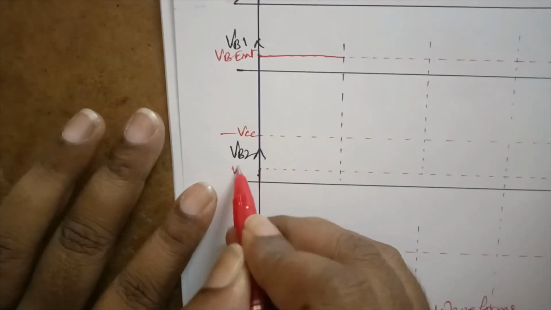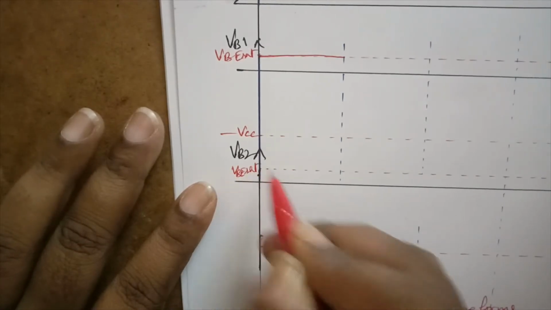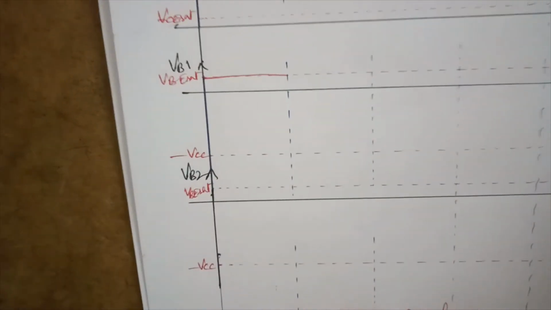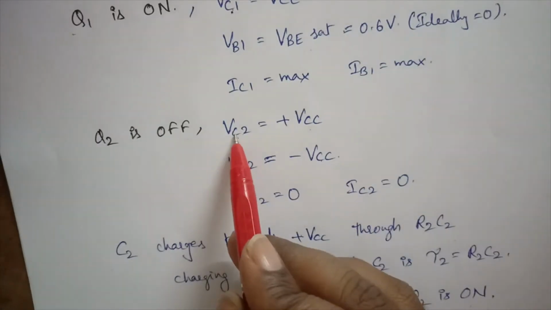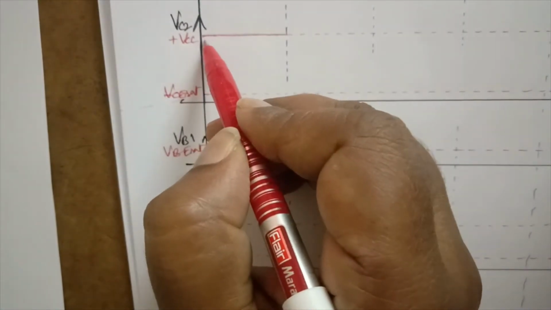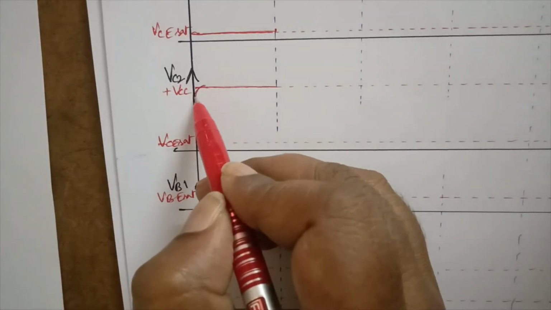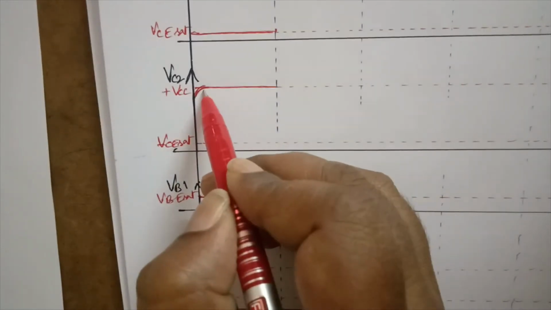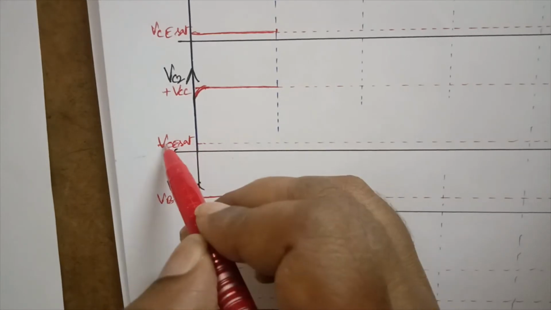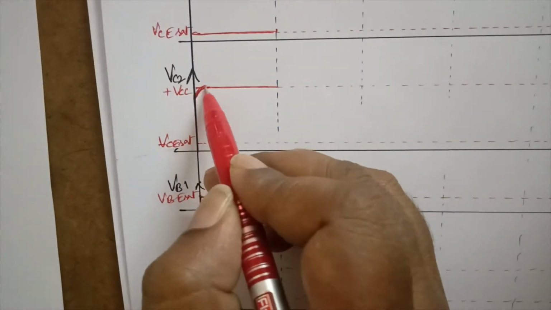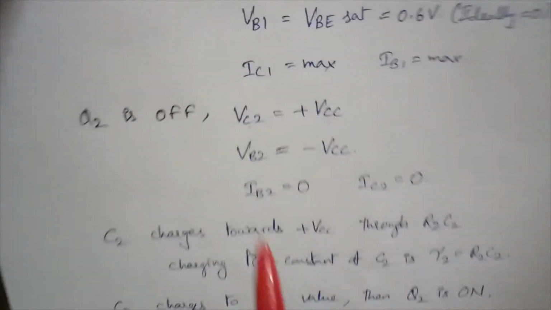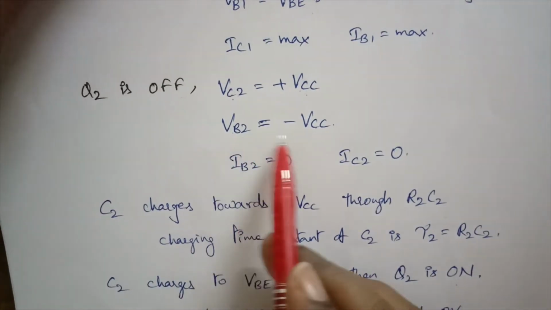Okay, so we are starting VC2 equal to plus VCC. So here plus VCC, with a slight change. Why? Because here we have the transition from one state to another state to represent. That's why I am putting a curve here. Next one, VB2 is equal to minus VCC.